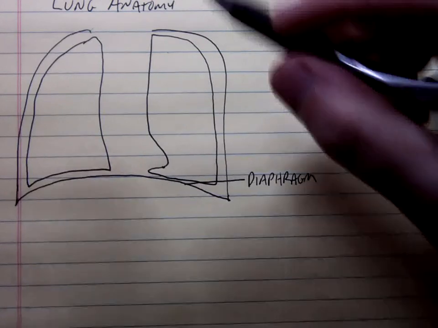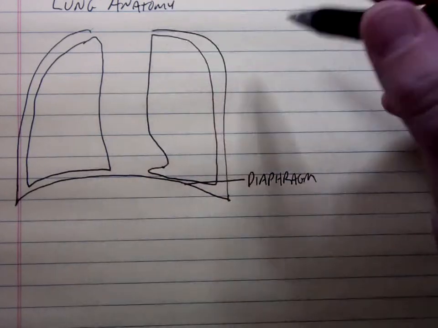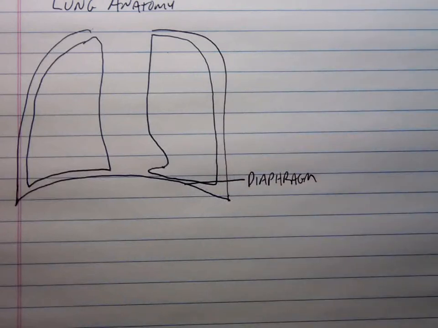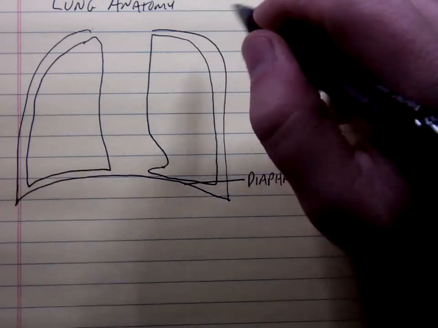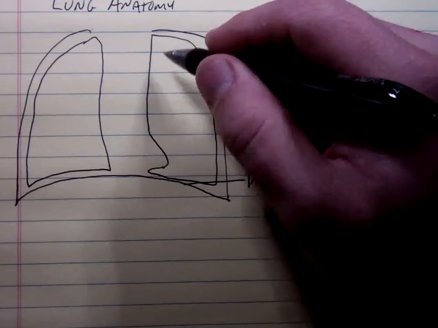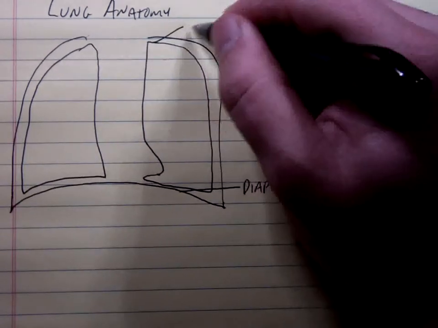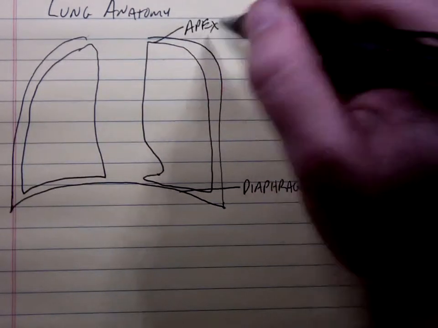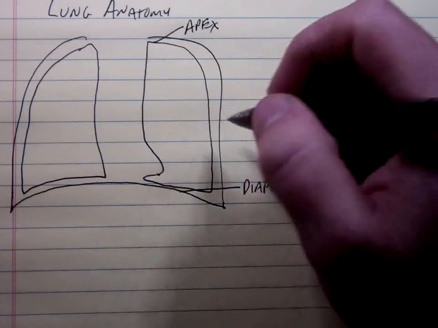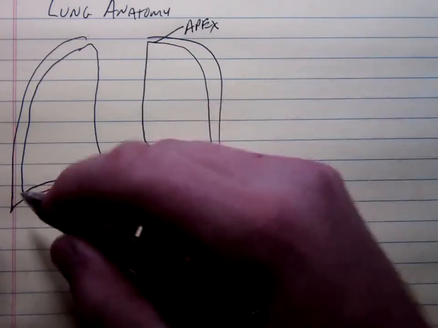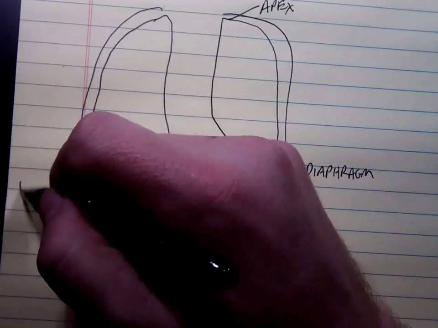Now, lung kind of comes to a point at the top, not a real sharp point. Kind of like your heart comes to a point, but not a real sharp point. What do we call that point on the heart? And that's what we call it here. The apex is the top of the lung. The bottom of a lung is called the, this is real simple, it's called the base.